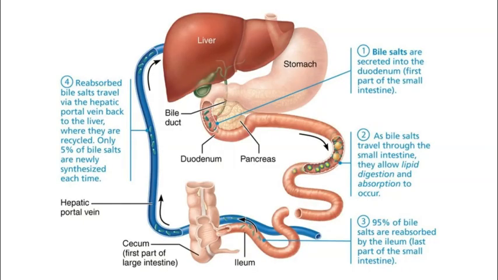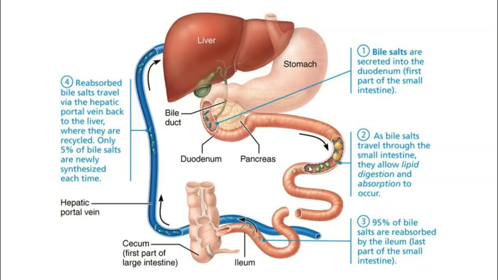This diagram here shows that the bile salts that are secreted from either the gallbladder or the liver are secreted into the duodenum, and we'll see the point at which they're secreted into the duodenum in a later lecture. Bile salts make their way through the intestinal system.